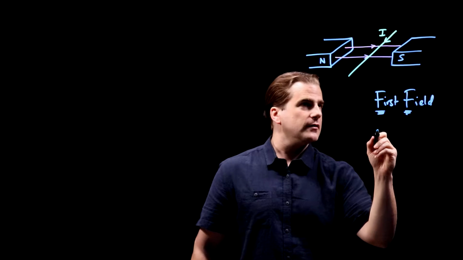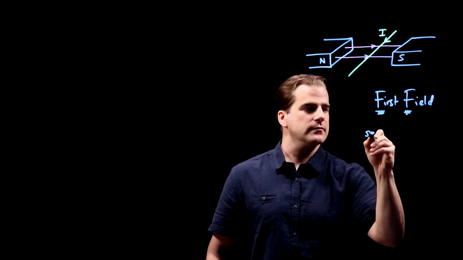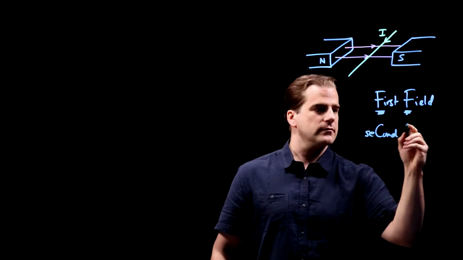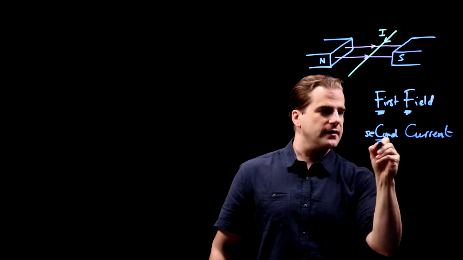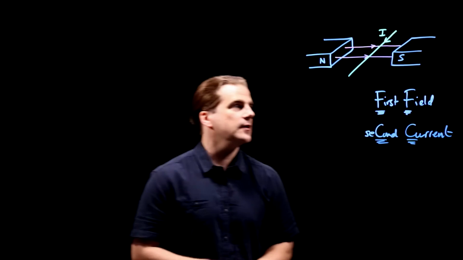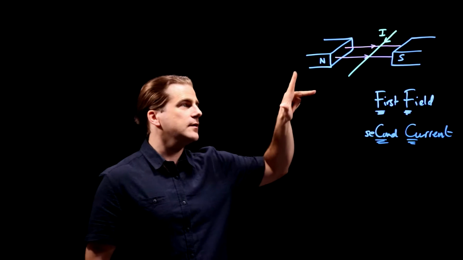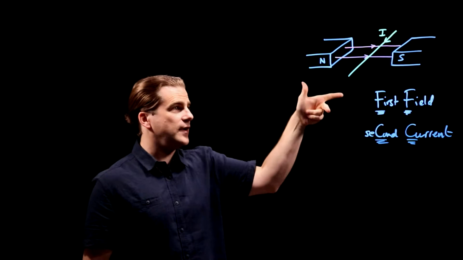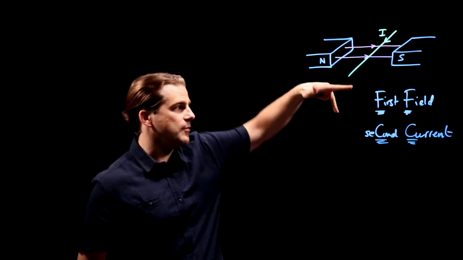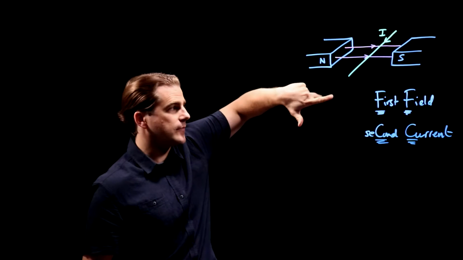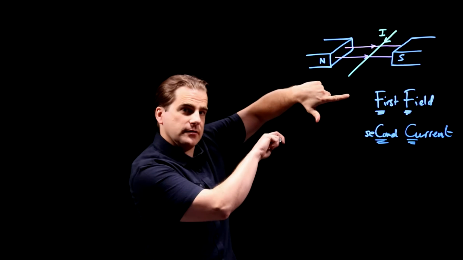The second finger is the current. Second for current. So first finger field in that direction, the current is coming from you towards me, so like that. Okay, so in that direction.